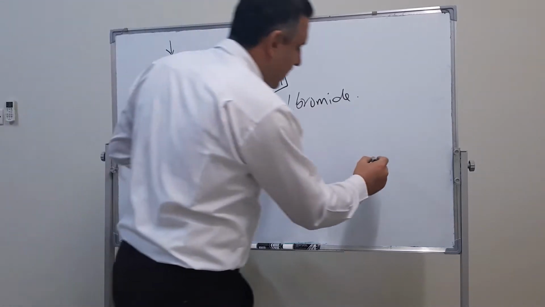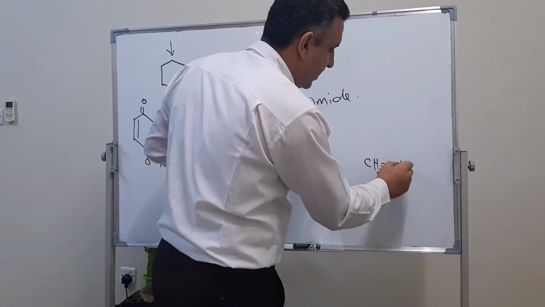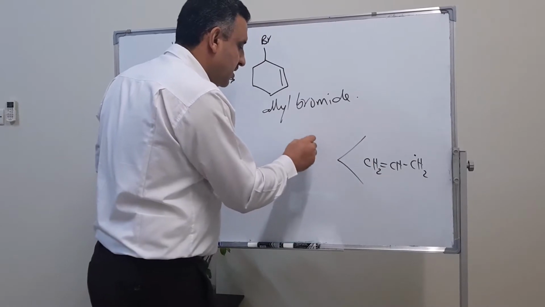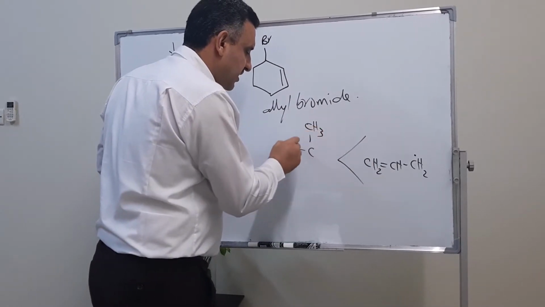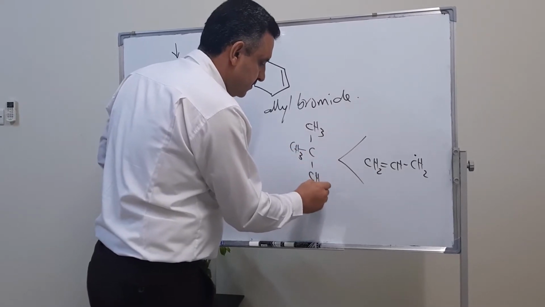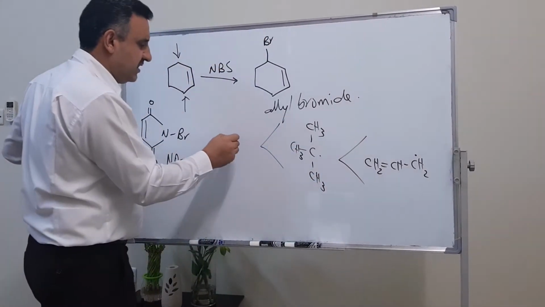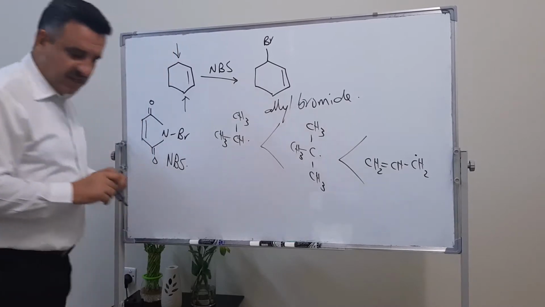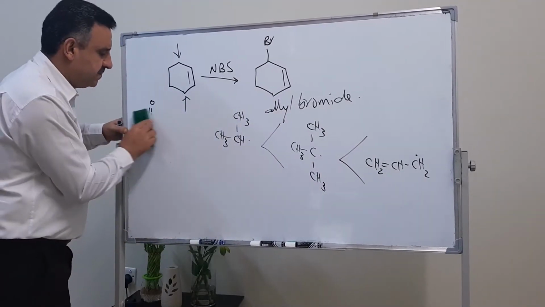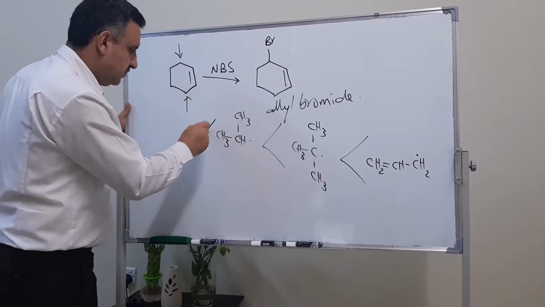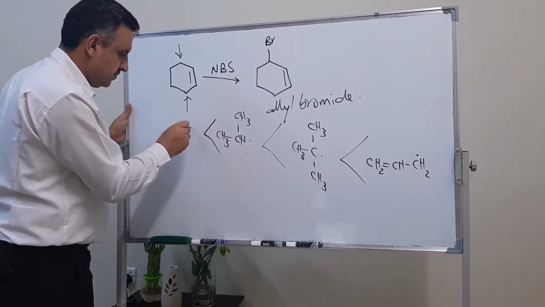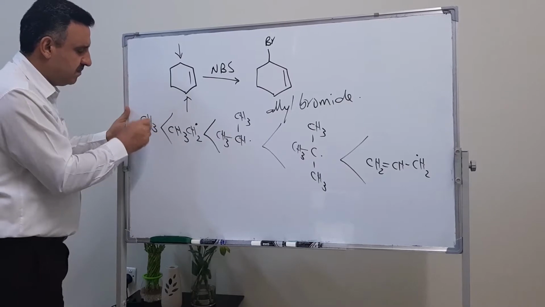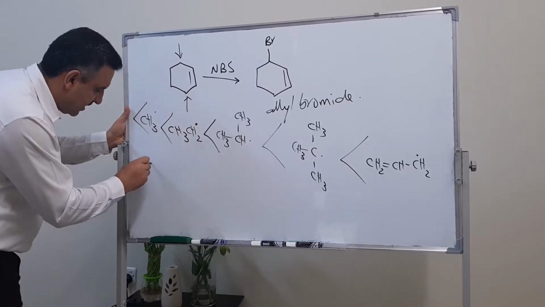As we said, the allylic radical, CH2 double bond CH2 radical, is more stable than or equally stable to, let's say, a tertiary radical, and the tertiary radical is more stable than secondary, and the secondary is more stable than primary, and the primary is more stable than the methyl, and the methyl is much more stable than the vinylic.